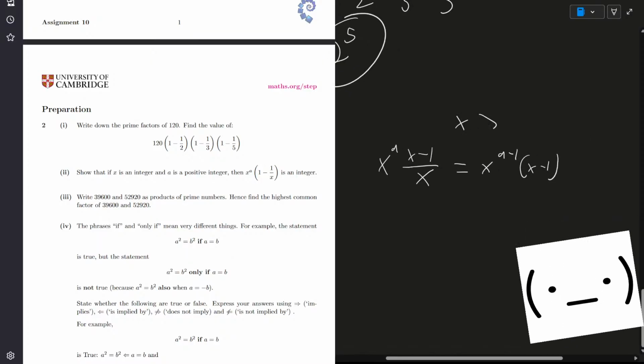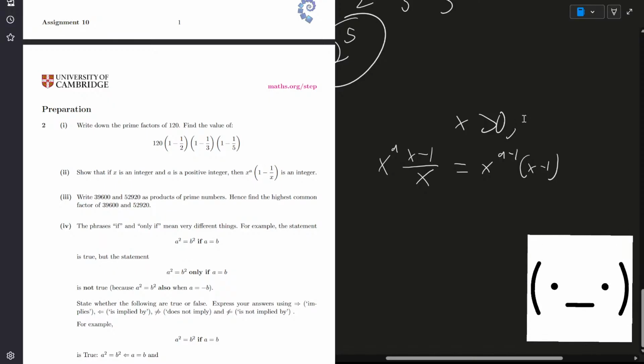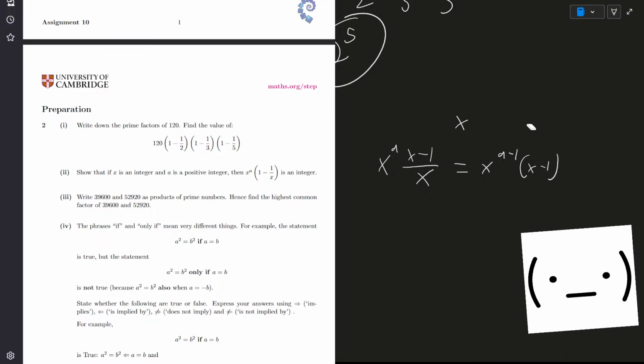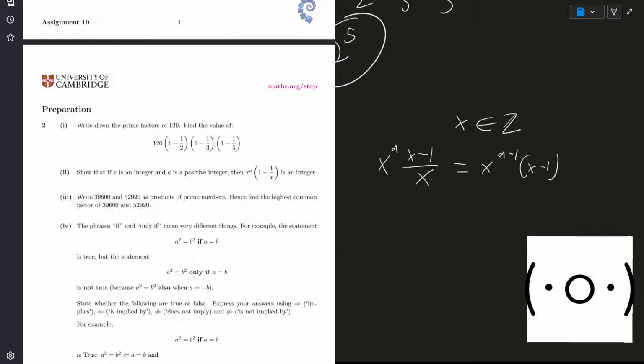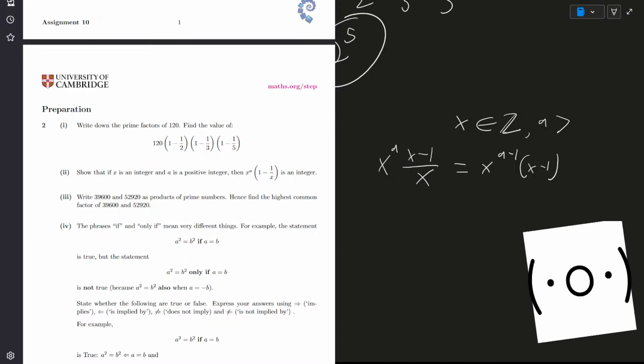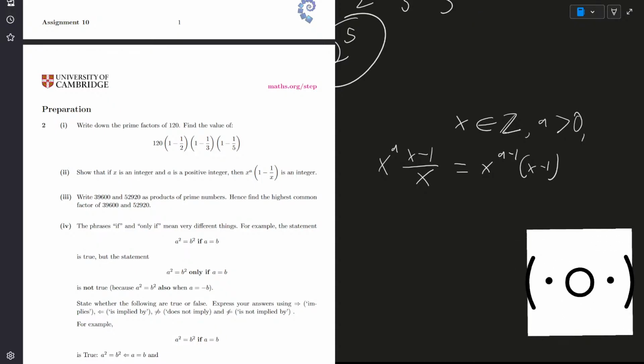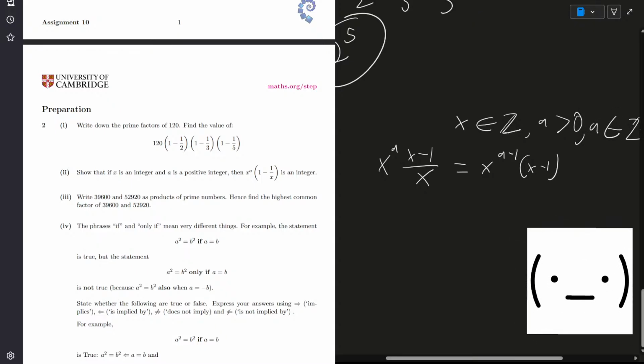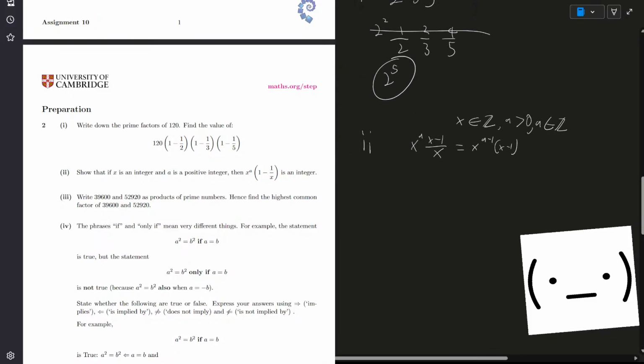Given that x is larger than 1. Wait, x is in Z, the set of integers, and a is above 0 and also in the set of integers.